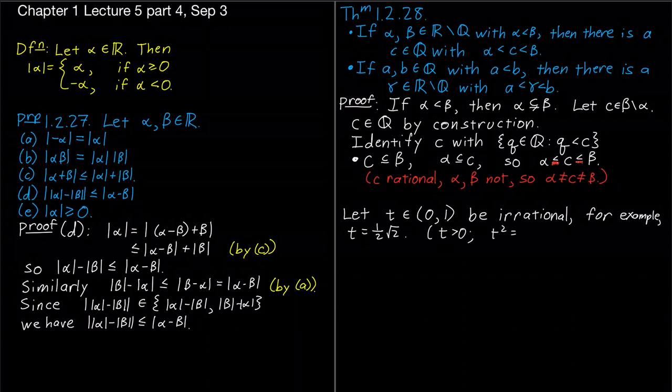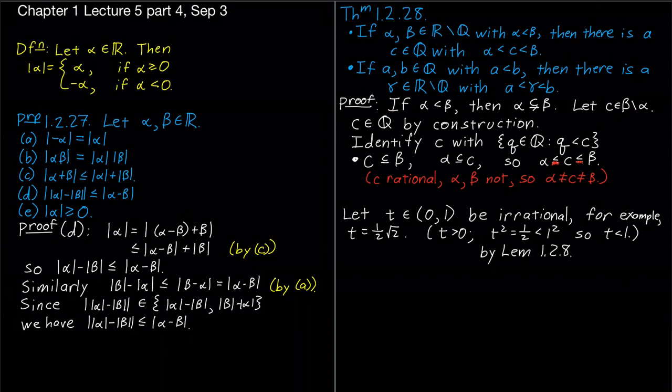T squared is 1/2, which is less than 1 squared. So T is less than 1 by 1.2.8.